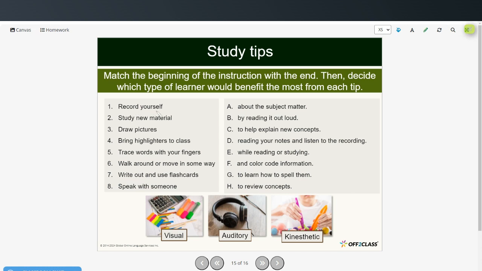So record yourself reading your notes and listening to the recording. Well, that would probably be an auditory learner. Study new material, to help explain new concepts. That would probably be a visual learner. Draw pictures.